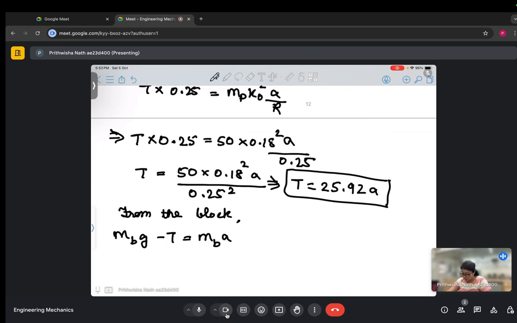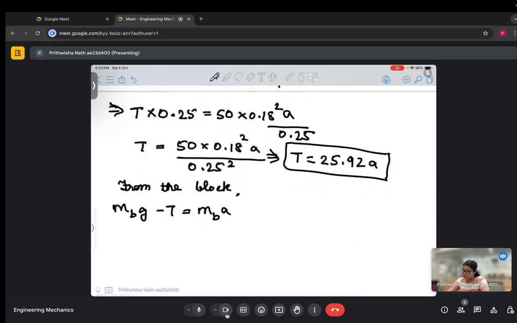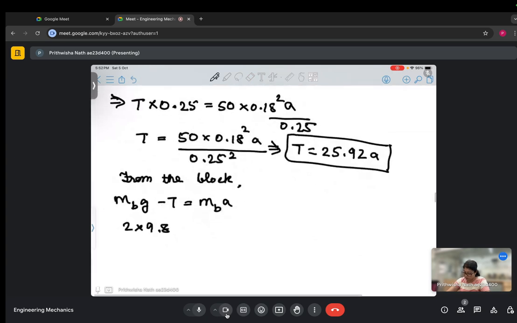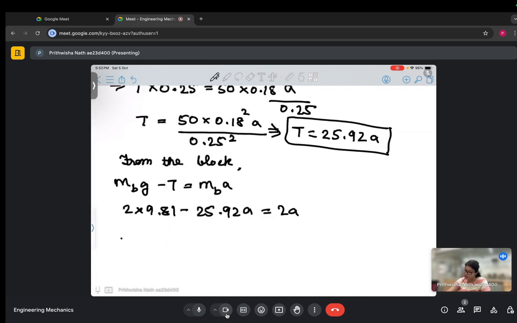So I'll just substitute the values. Mass of the block is given as 2, g is 9.81. In place of tension I'll write 25.92 a, equal to 2a. So this can be written as 27.92 a equal to 2 into 9.81.